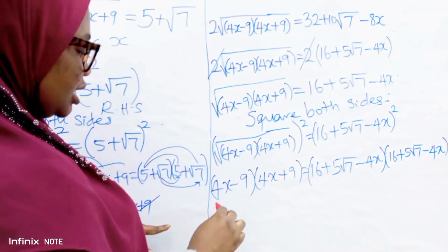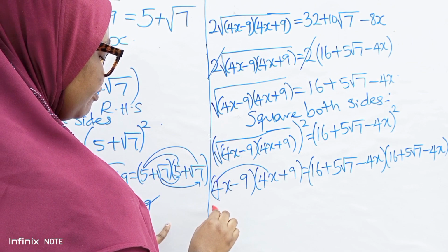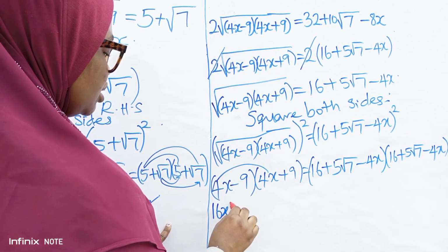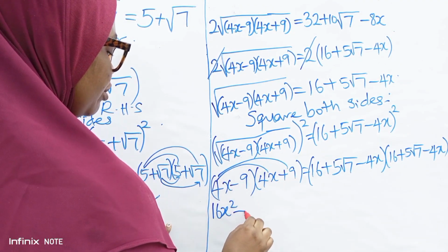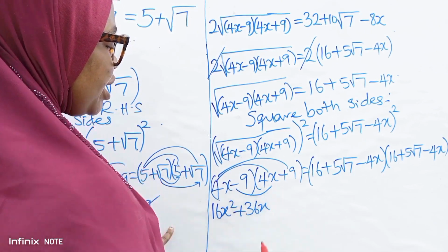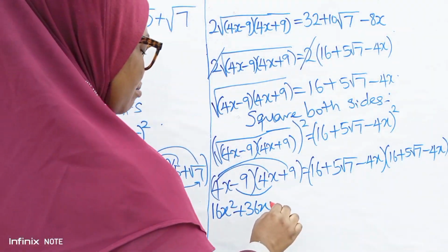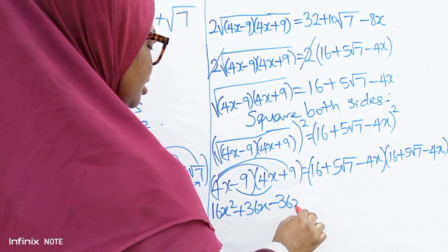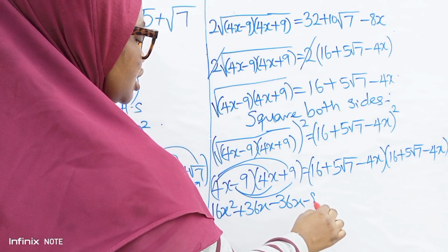So here, let's now multiply this. I have 16x squared. I have plus 36x, minus 9 multiplied by 4x gives me minus 36x, minus 9 multiplied by plus 9 gives me minus 81.